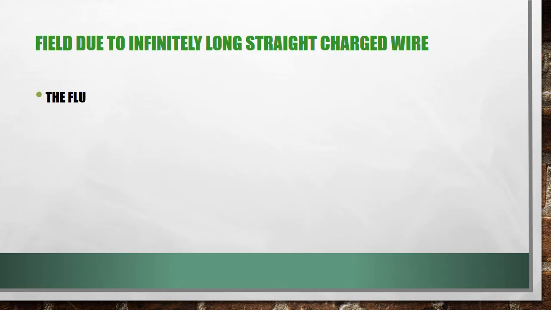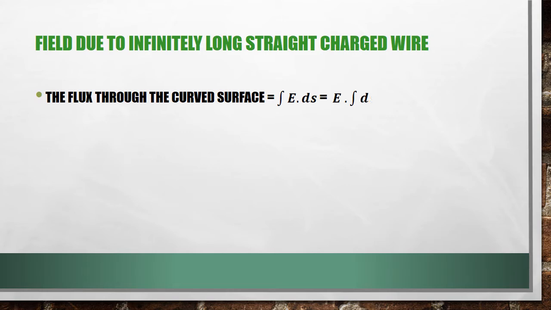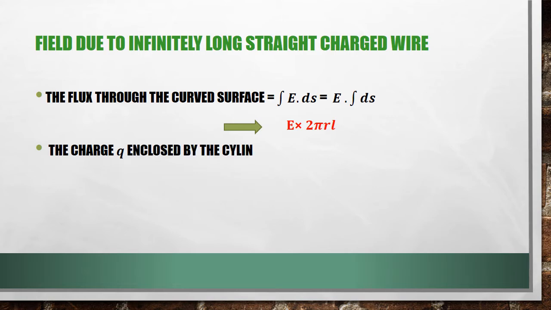The flux through the curved surface of the cylinder is integral E dot ds, which is E into integral ds, that is E into 2 pi r L. The charge Q enclosed by the Gaussian cylinder of length L is Q equals L lambda.